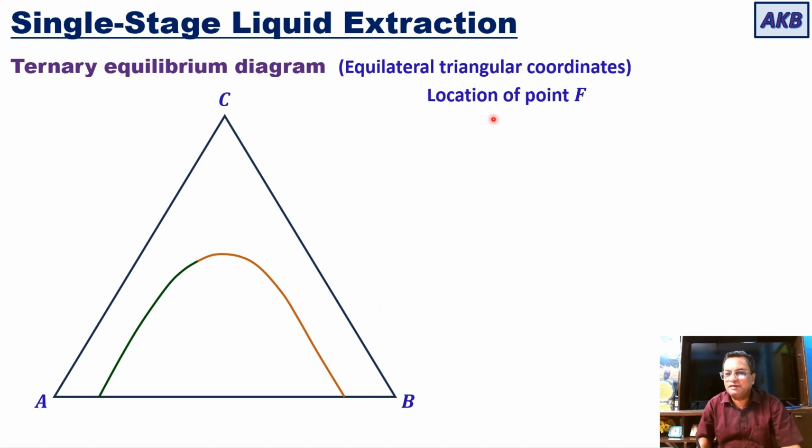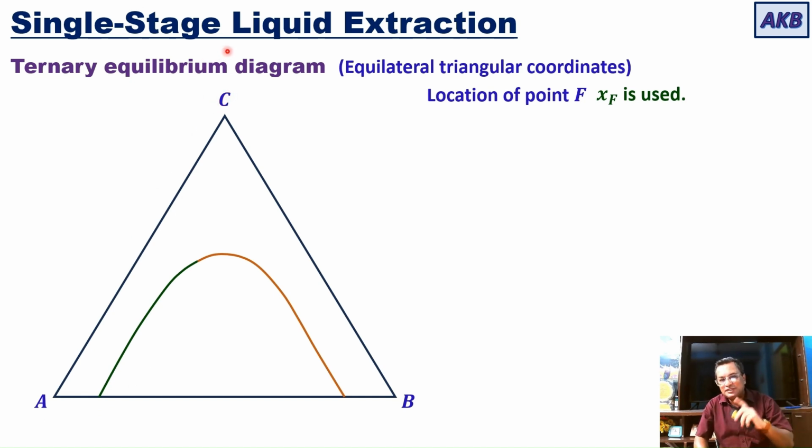First, we have to locate point F, and for locating point F, we are going to use the value of XF, which will be known to us. By using XF, since feed contains A and C, point F will be located. The point F is going to represent the feed solution on the diagram, and since it contains A and C, feed is A plus C. So point F will be lying on the side AC, as the feed solution is containing just A and C in it.